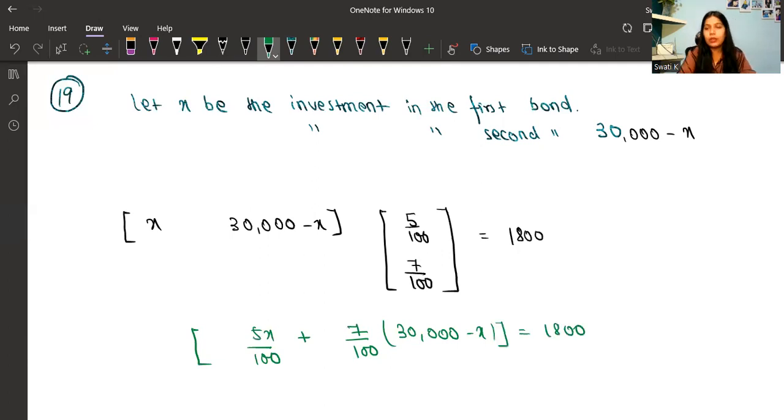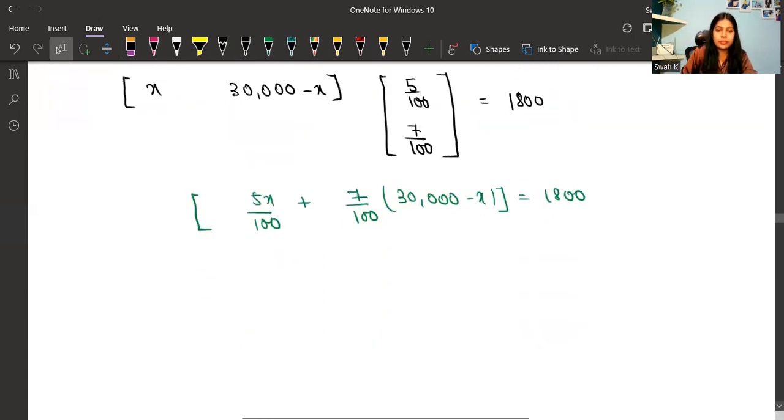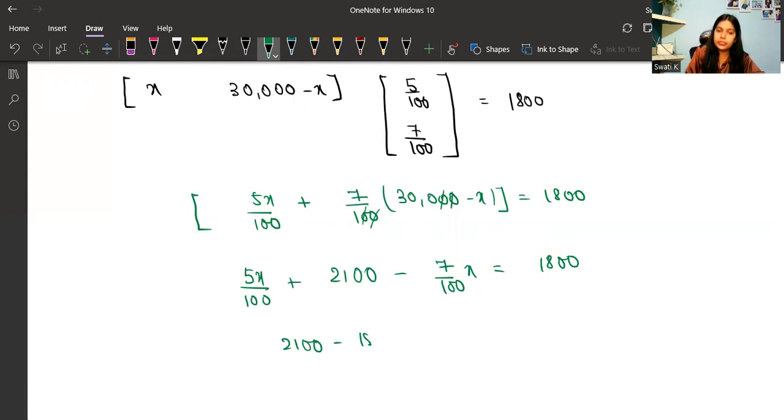You can clearly see that you have already got an equation, and you need to simplify it. So 5x upon 100 as it is, and this will get cancelled, so you're getting 7 times 3 is 21, and then 00, minus 7x upon 100 equals 1,800. Now if you simplify this, this is 2100, shift 1,800 to this side.